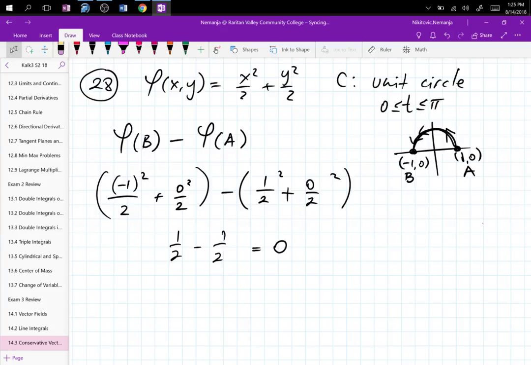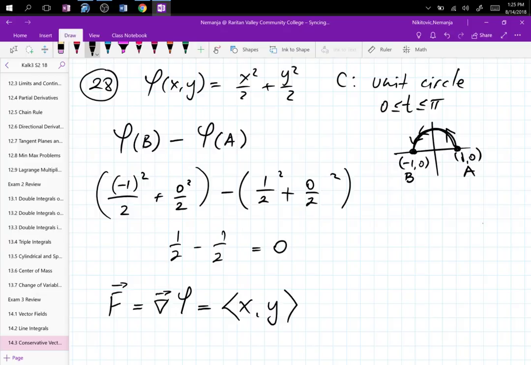Now, if I do this the long way, which is going to practice the previous lecture, we find the vector field as del phi, and that is going to be (x, y), right? Partial derivative with respect to x is 2x over 2, which is x. Partial derivative with respect to y is 2y divided by 2.